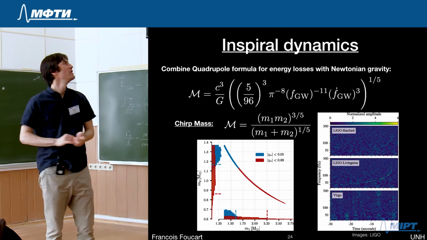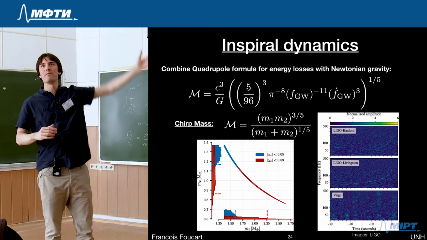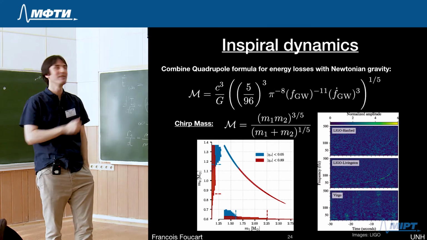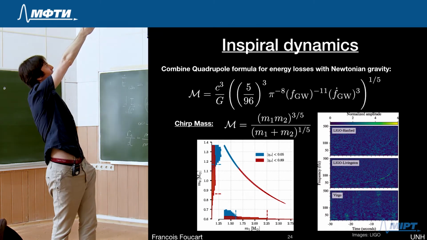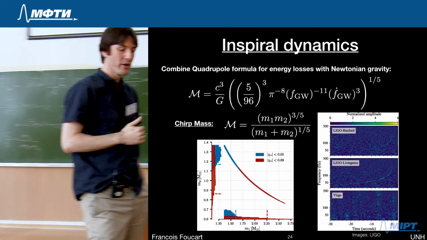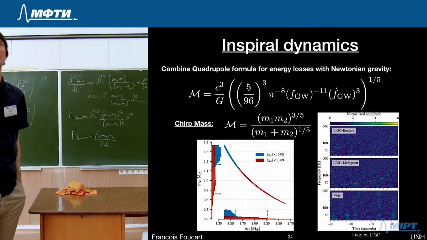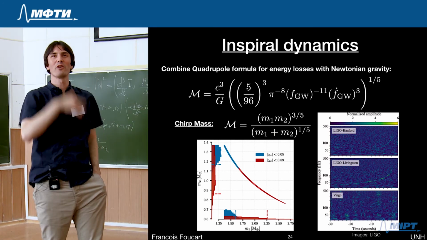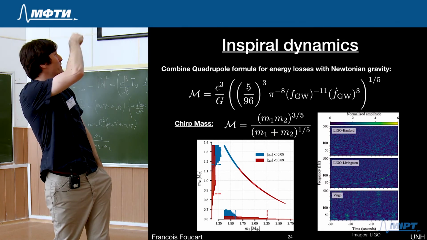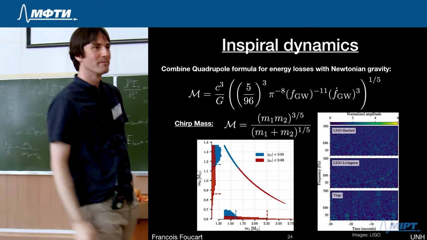You could get the spectrogram and look by eye, get an estimate of the chirp mass, or just draw a curve that is the integration of this formula, and you could get the chirp mass immediately without doing any sort of fancy parameter estimation with LIGO. It's for all of the other parameters that you need to get fancy. To get the chirp mass, you could just look at the track and get it immediately.